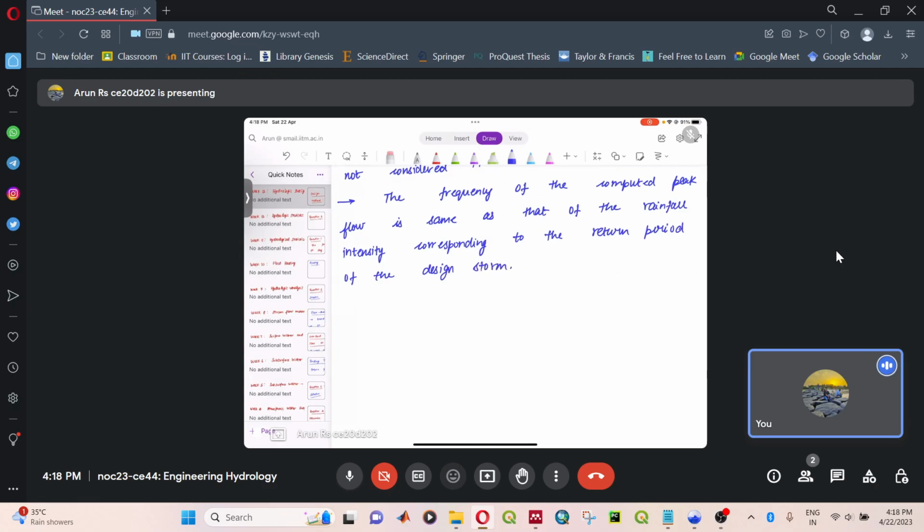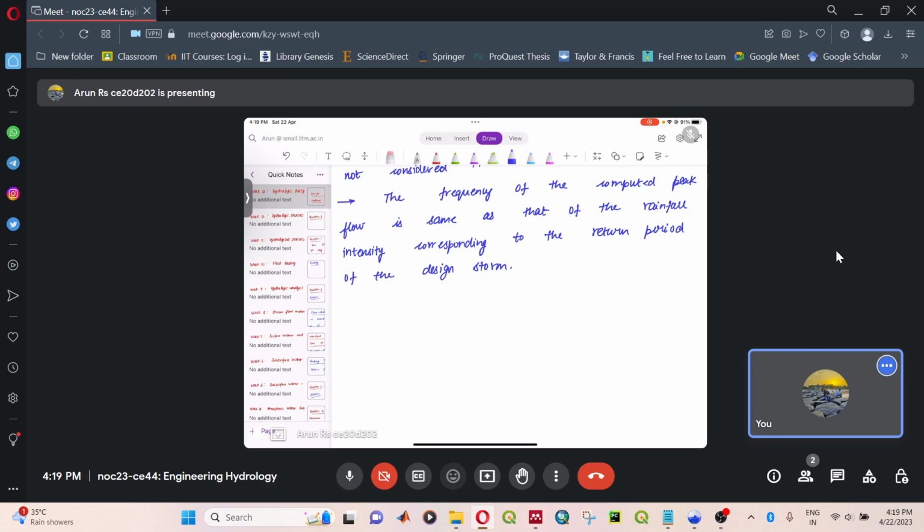So this means that if the design storm which you are choosing is of a 5-year return period, then the computed peak flow is also considered as the 5-year return period flood or 5-year return period flow.